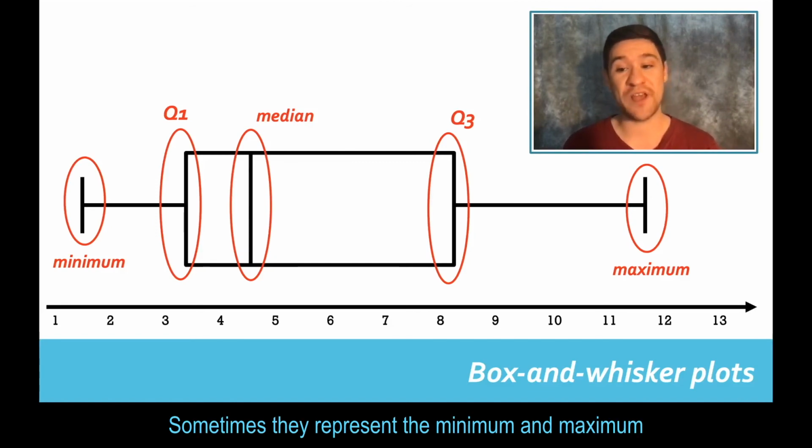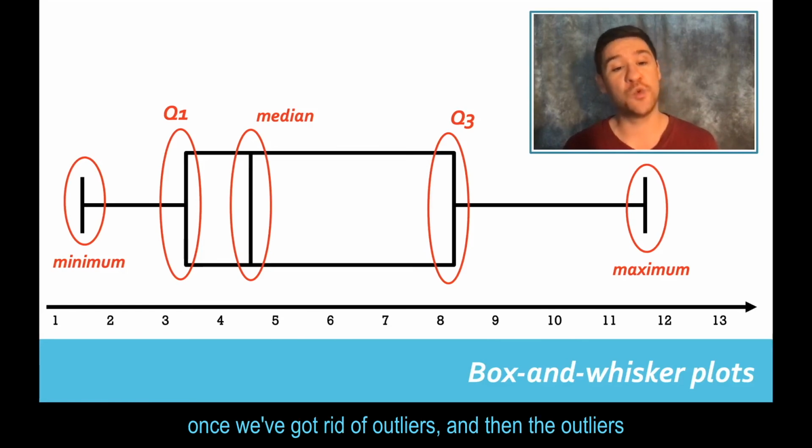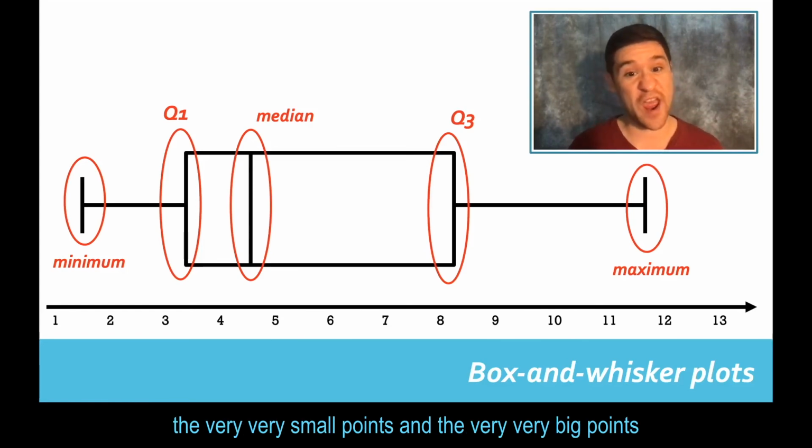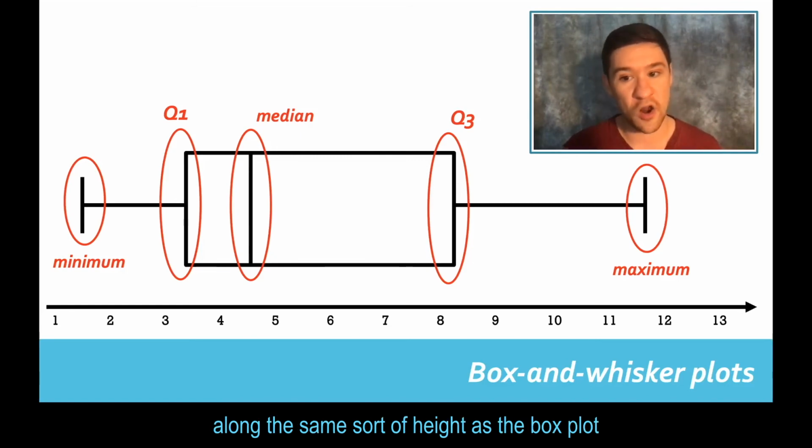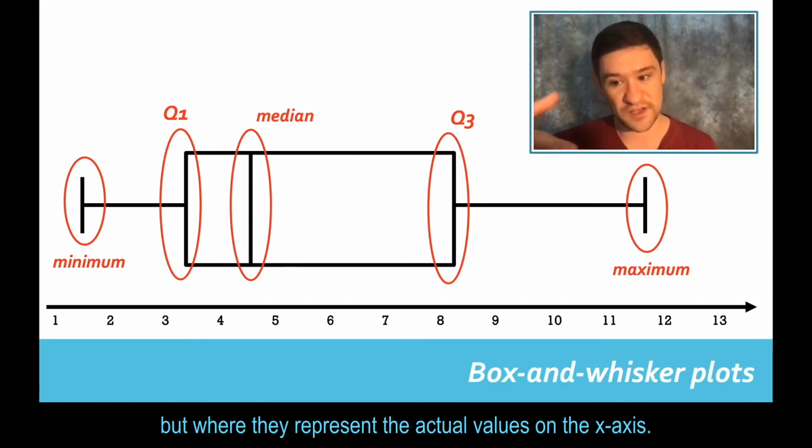Sometimes they represent the minimum and maximum once we've got rid of outliers. And then the outliers, the very, very small points and the very, very big points, will be represented by dots or circles or stars along the same sort of height as the box plot, but where they represent the actual values on the x-axis.